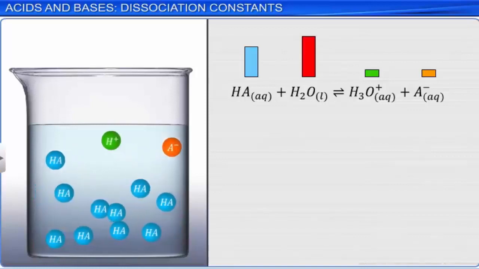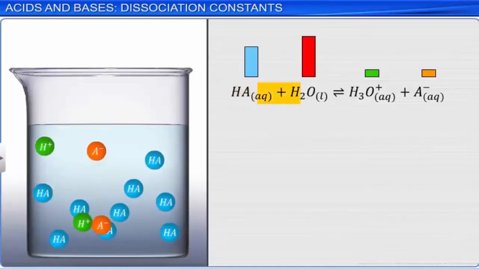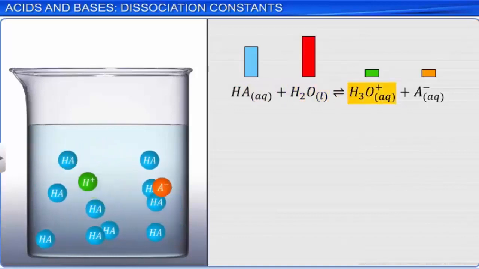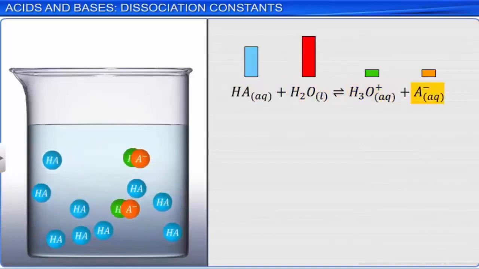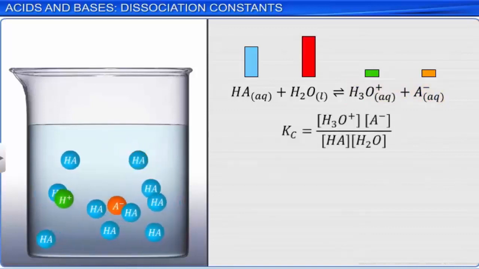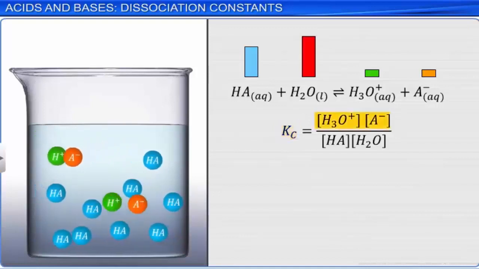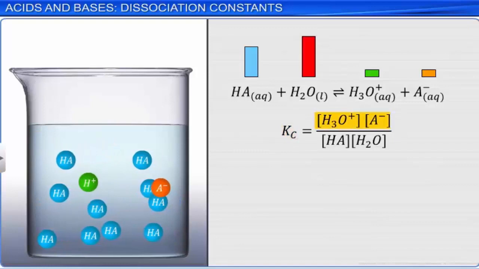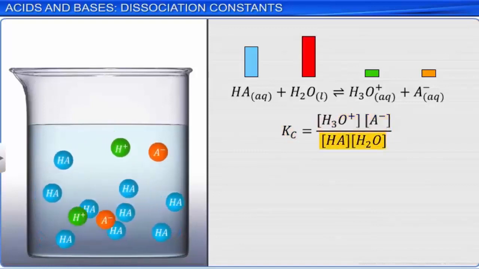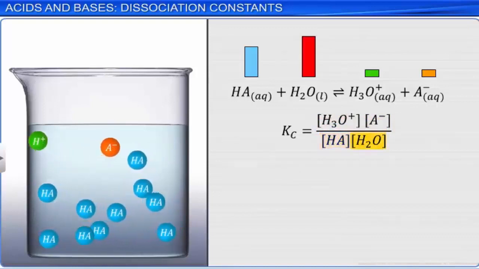This equilibrium can be expressed as HA aqueous plus H2O liquid in equilibrium with H3O plus aqueous and A minus aqueous. The equilibrium constant for this reaction can be written as Kc is equal to the product of concentration of H3O plus and A minus ions divided by the product of concentration of HA and H2O. As the concentration of water does not change, it can be taken as constant.